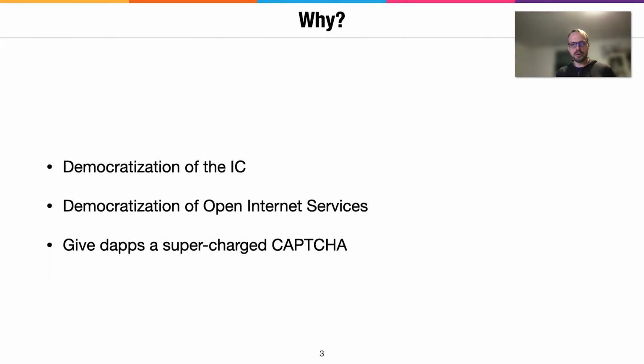And the second point is very much related. It's democratization of open internet services. By open internet services, I refer to dApps running on the internet computer that themselves are controlled in a decentralized way. Just like the network nervous system governs the internet computer, these dApps can have a governance system that governs them.